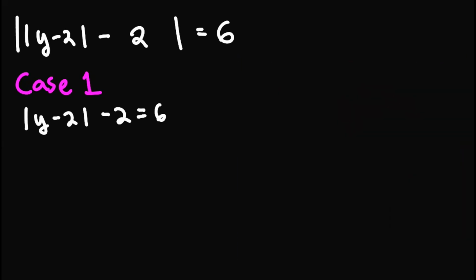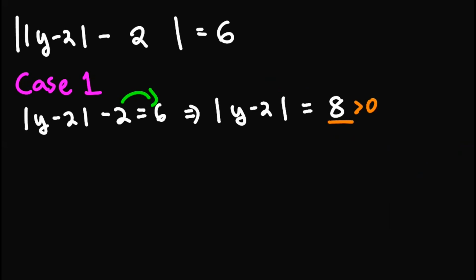And we simply have this first case. So for this one, simply move this to the right side to obtain the absolute value of y minus 2 equals 2 plus 6, which is 8. And then from here, since now we have a positive value, unfortunately, we'll have 2 more cases for this one.